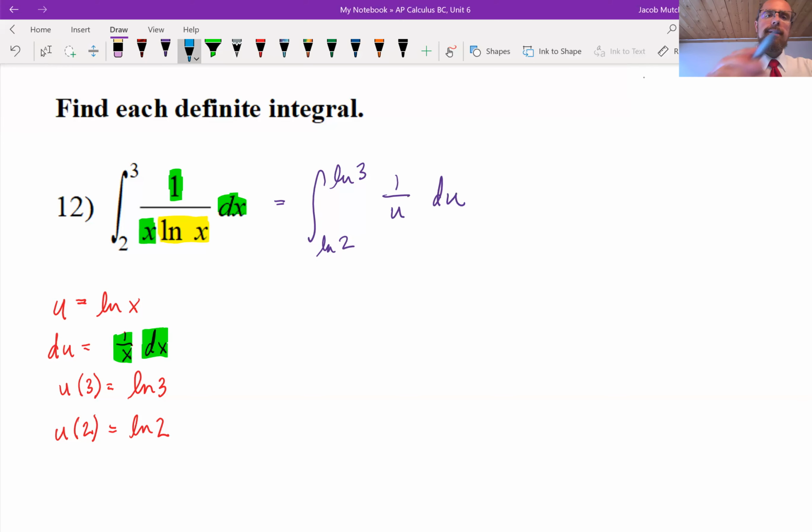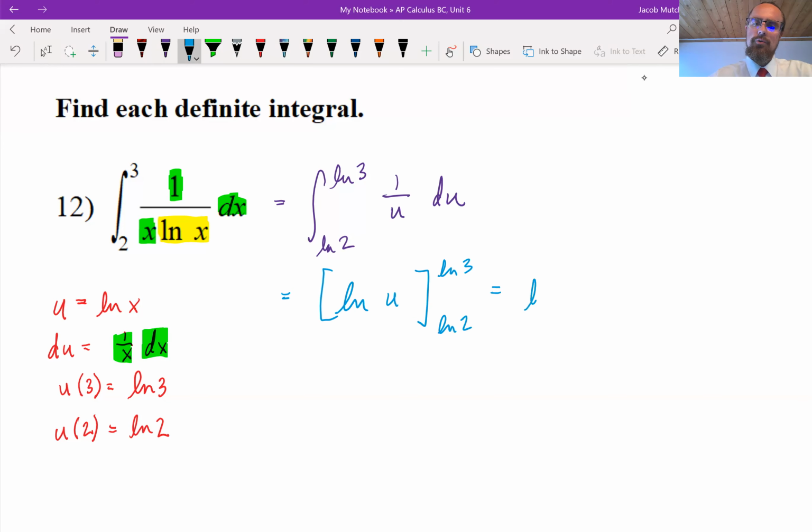So that's set up and ready for integration. So recall the integration of 1/u is the natural logarithm of u, and we're going to integrate from the natural log of 2 to the natural log of 3. So we use the fundamental theorem of calculus to find this evaluation.